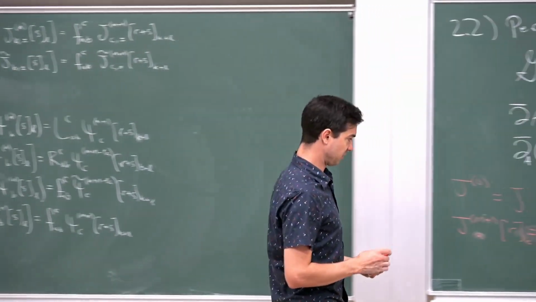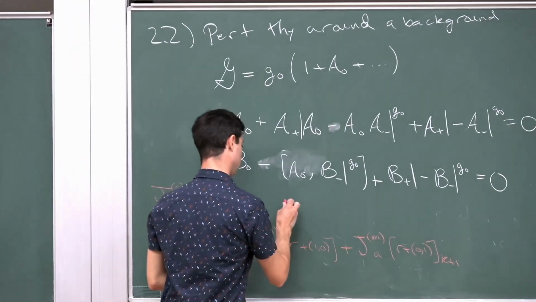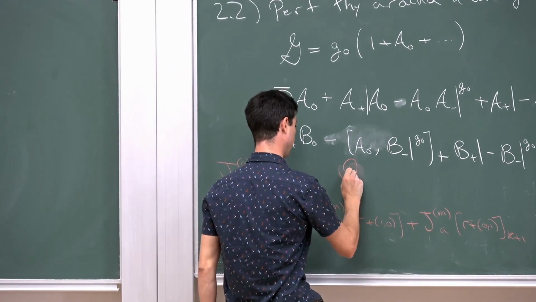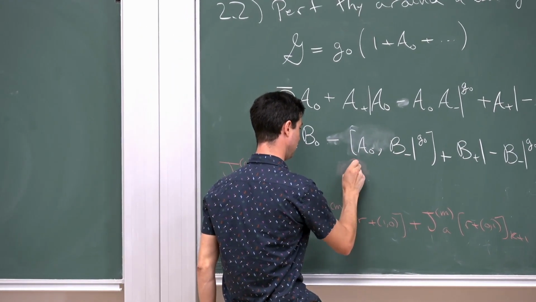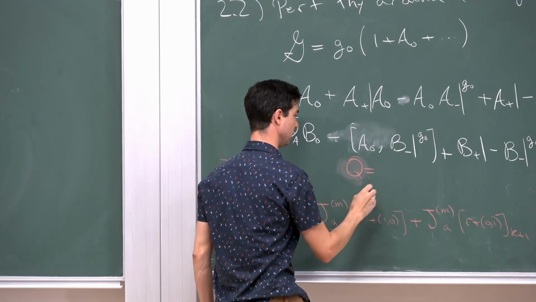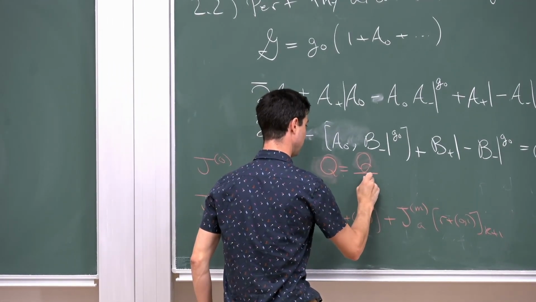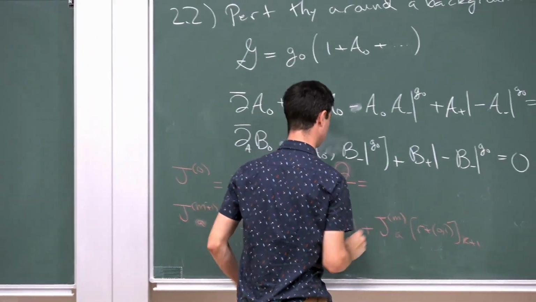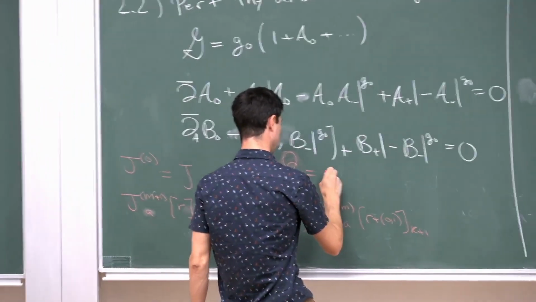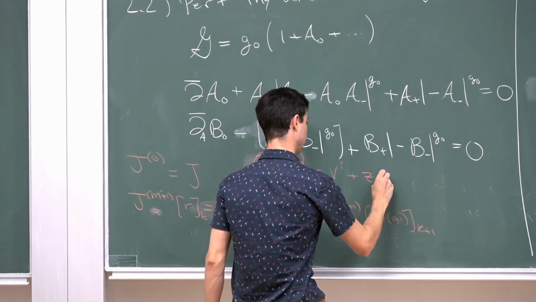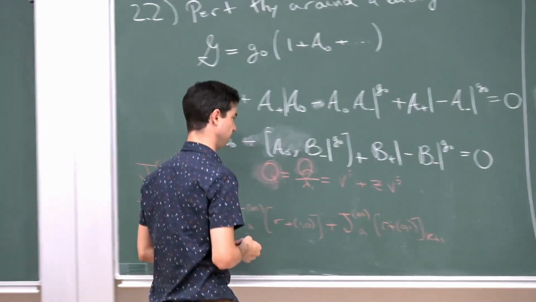In some sense, it comes from the fact that if I work in these same homogeneous coordinates and look at Q, which is this calligraphic Q divided by lambda 1, this is V1 dot plus Z V2 dot.